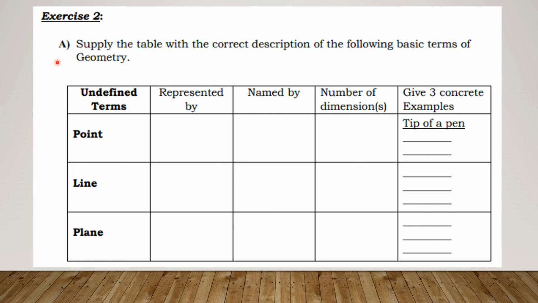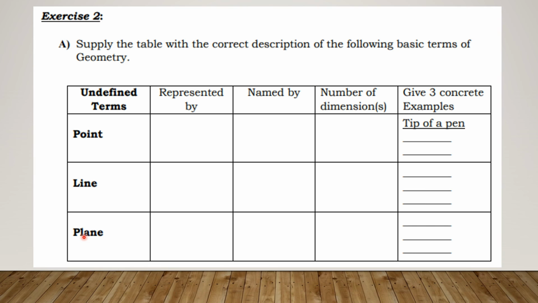Now, in this exercise number 2, supply the table with the correct description of the following basic terms of geometry, based on what we have discussed a while ago about the undefined terms. We have point, line, and plane. We already discussed this one, so you are going to answer this.